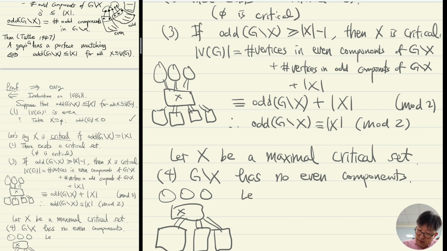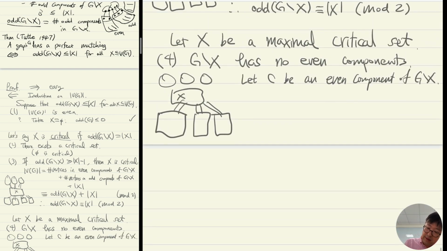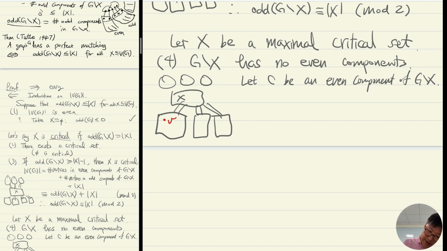So let C be an even component of G delete X. Now I pick a vertex inside C. So this is my C. Now what we are going to do is look at X union the vertex. Alright, now let X prime be X union the vertex.